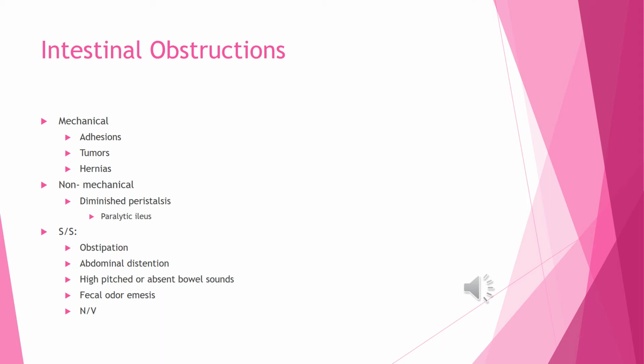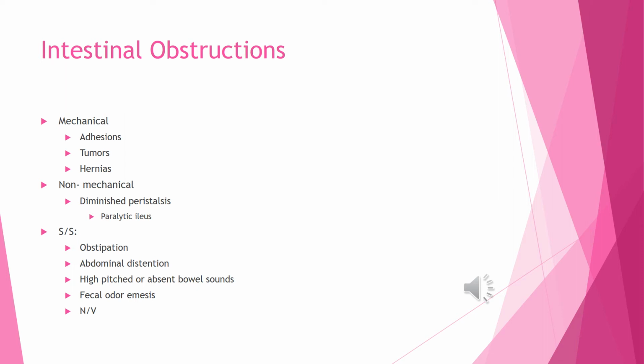Non-mechanical ways that the intestine can be obstructed is just through diminished peristalsis, and this is what we call then paralytic ileus. So if we think about the word paralysis, just kind of a paralyzing of the intestine, which causes an obstruction. Some of the signs and symptoms include obstipation, belly getting distended, high pitched, or then eventually absent bowel sounds.